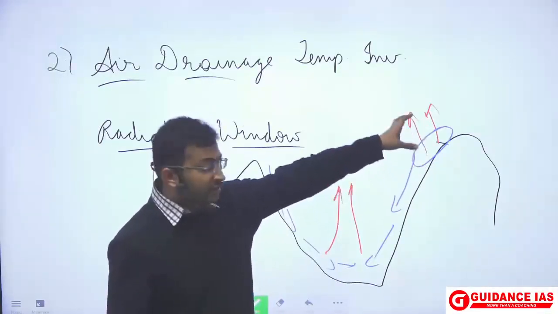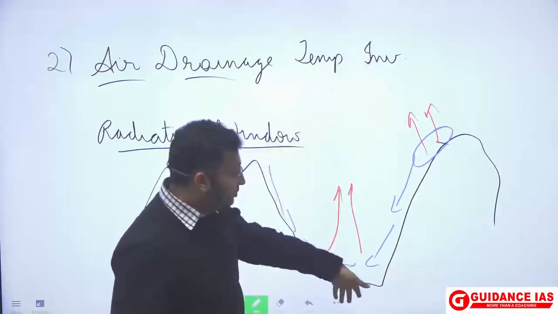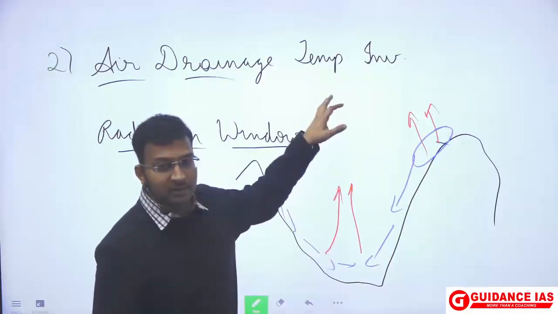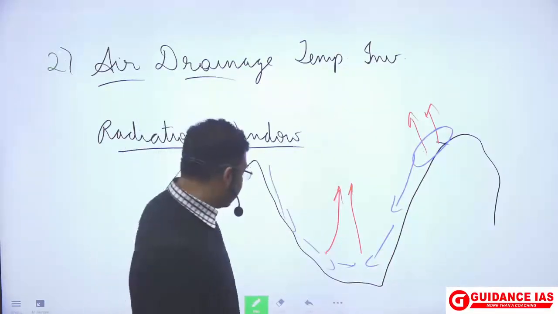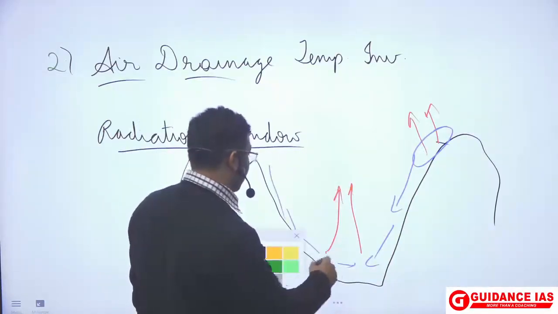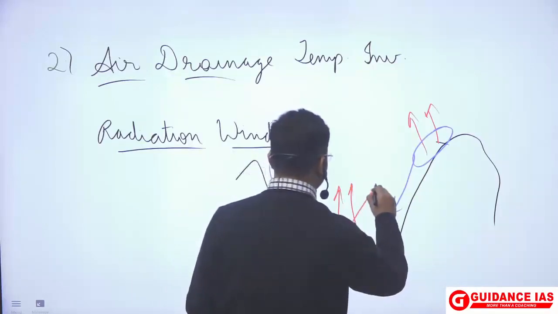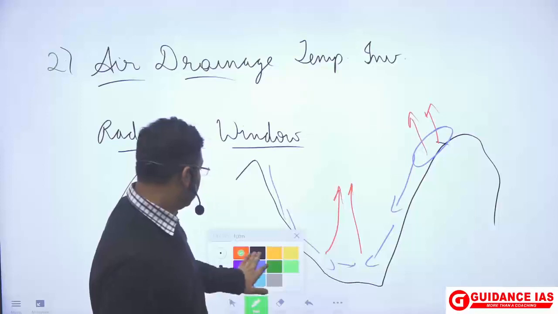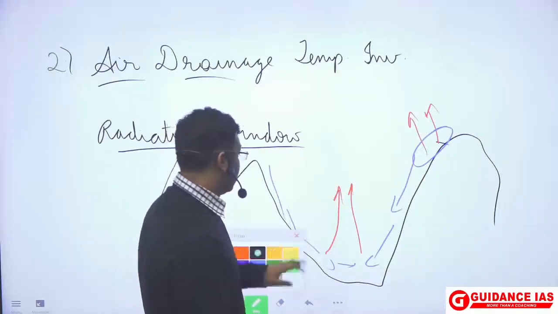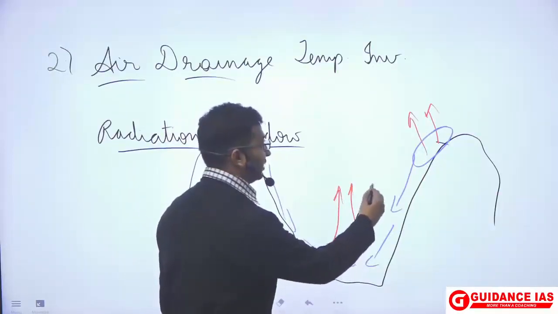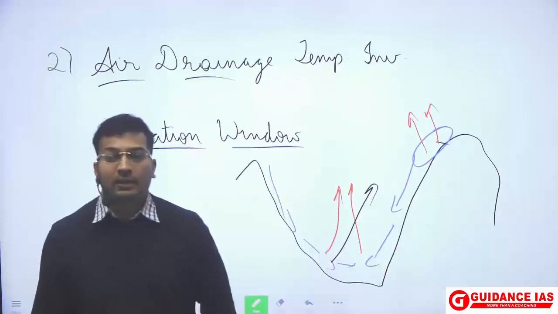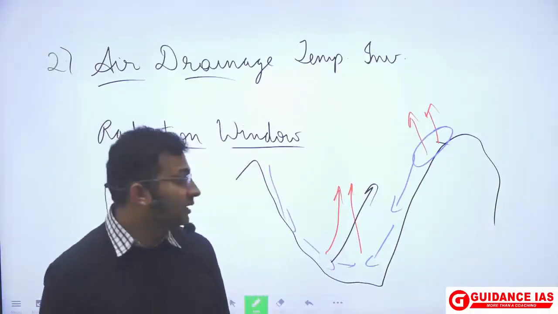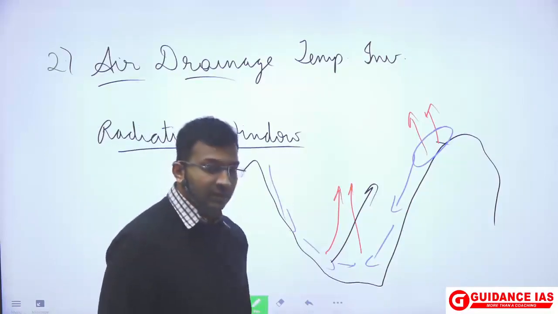Slowly and steadily during winter night, the cold air masses move towards the valley bottom, pushing the warm air above. As a result, the phenomenon of temperature inversion is observed, with decrease in temperature with increase in altitude. Fine.